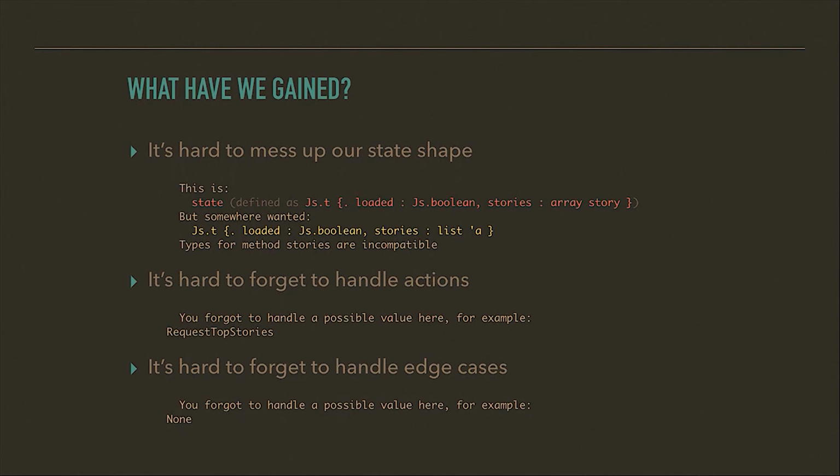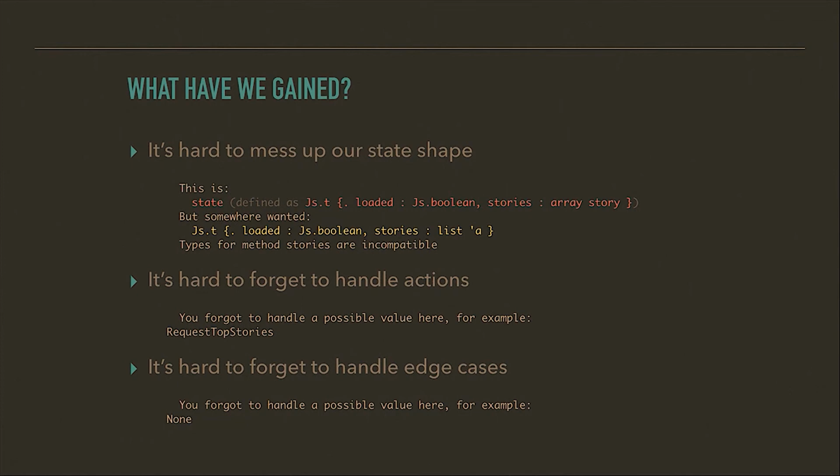It's hard to forget to handle actions because if we're wrapping our action strings in variant types properly, then the compiler is going to shout at us if we don't handle all of the cases properly. And it's hard to forget to handle edge cases, because if we're using option types, which is almost hard not to do, then the compiler is going to shout at us if we're not handling the edge cases.